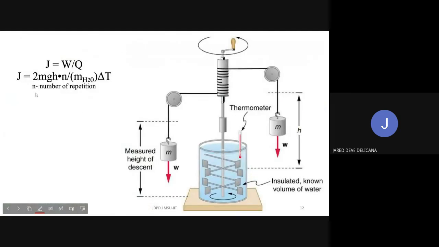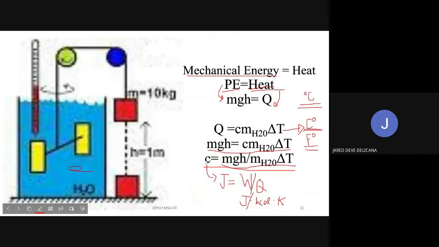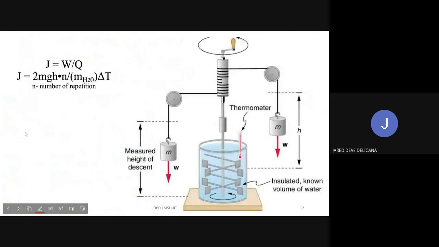And so in another setup, I have to state here that this is the general form that we generated. In the experiment of Joule, he discovered that you have to turn the crank multiple times in order to get a net change in temperature here.